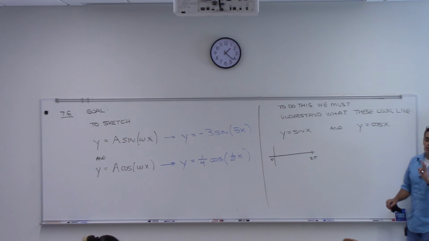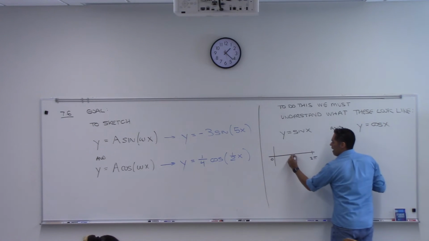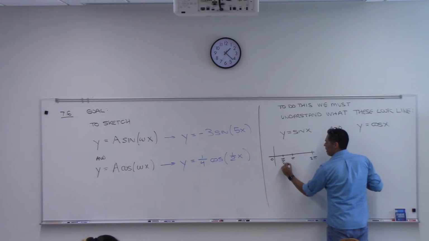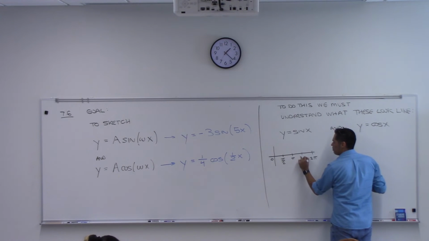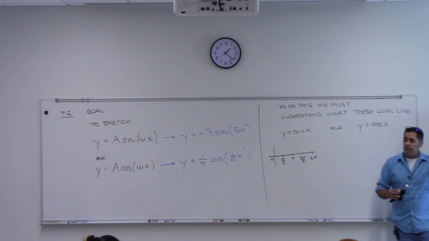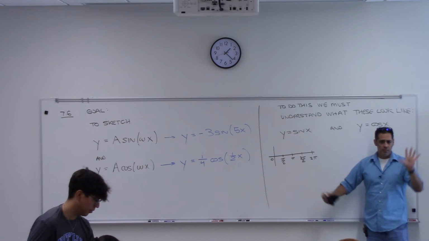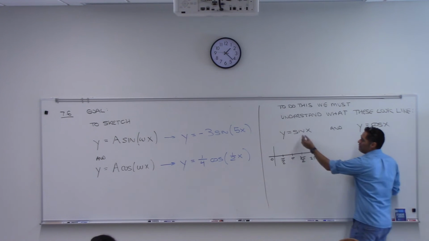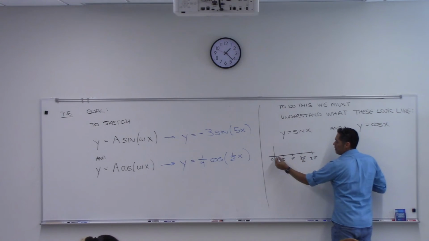There are 3 others that we need to be familiar with. The halfway point, which is pi, and then halfway between 0 and pi, which is pi over 2, and then halfway between pi and 2 pi is 3 pi over 2. Those are the 5 important points on a sine function.